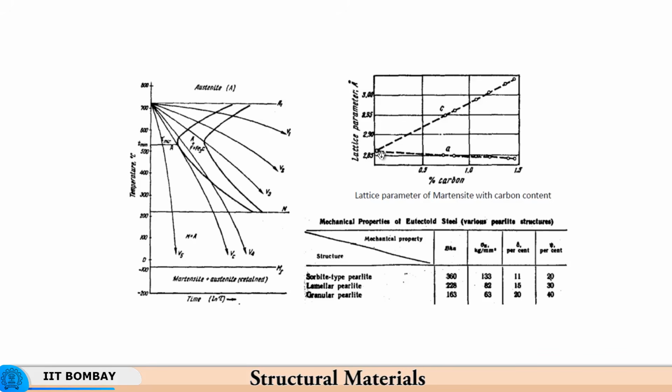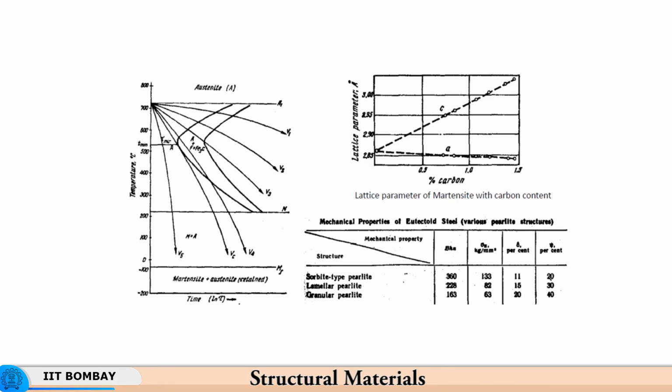So, it will almost be equal to A. But on the other hand, if the carbon percentage is higher, then the C parameter will increase, so the lattice distortion increases, and due to that the hardness of martensite will be more. So, although the structure may be body centered tetragonal, with a very small amount of carbon, it is practically body centered cubic.